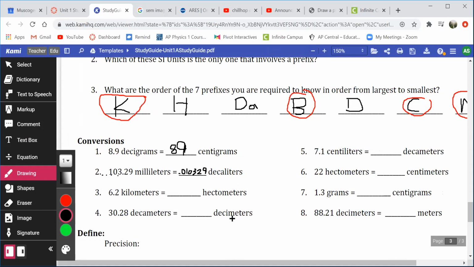Anybody? Since you only have to move the decimal 1 place to the left, you end up having 62 hectometers. Right, so the answer is correct.